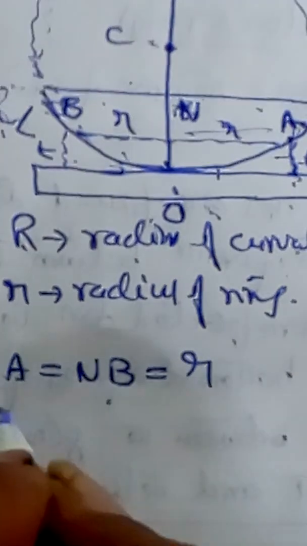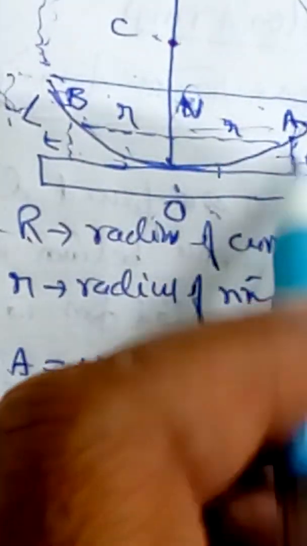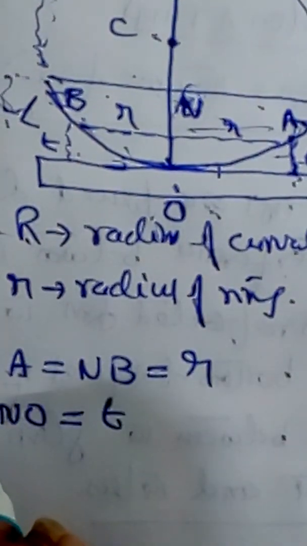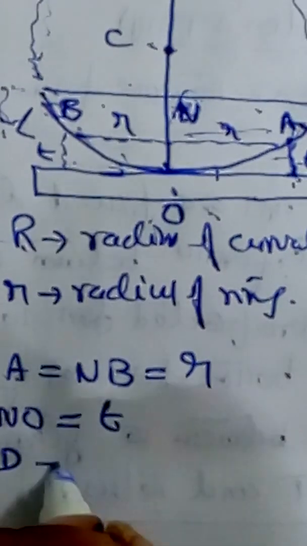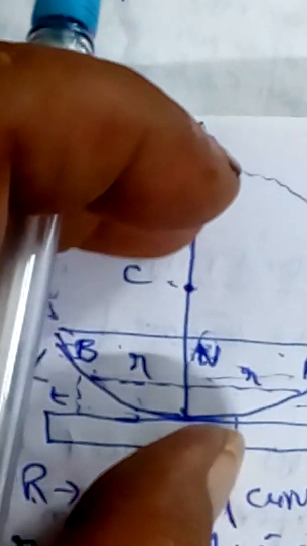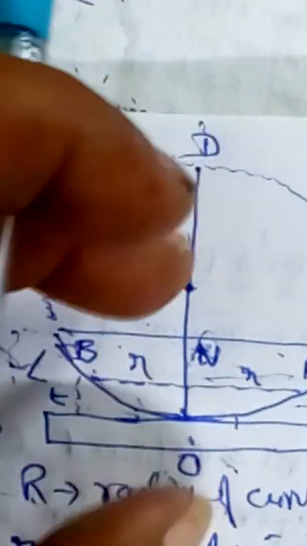Now what is NO? NO is nothing but the thickness T. And what is ND? This is T, this is 2R, the radius of curvature being taken as R. So ND is OD minus ON.